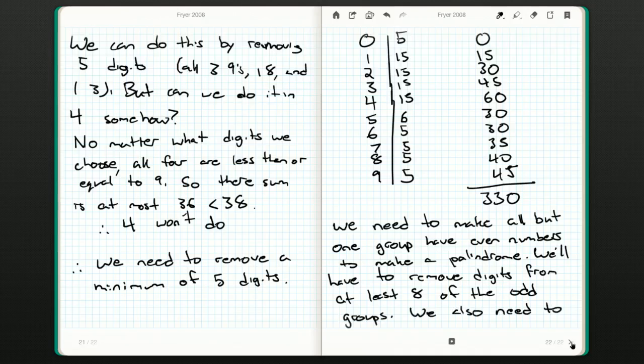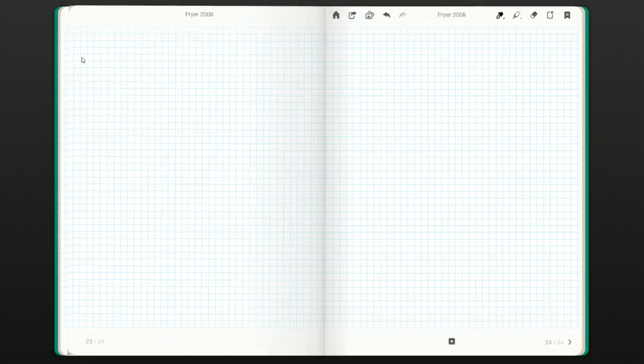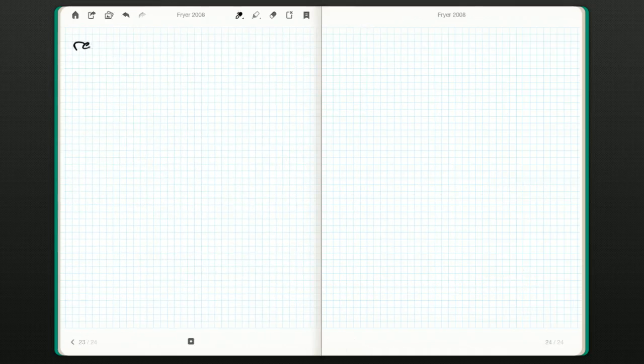So in addition to removing numbers, we also need to remove the numbers so that the sum of the removed numbers is 120. Okay.